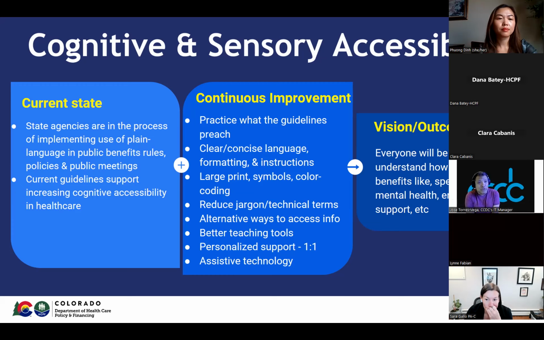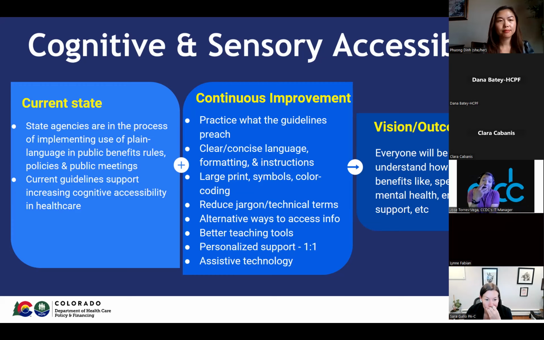Better teaching tools, the same point, right? So be able to adapt to different abilities and disabilities so that everybody is able to learn what teachers are teaching, what the state is teaching, etc. Personalized support one-on-one. That's a big one. For some specific populations, they require and prefer one-on-one help rather than sitting in a classroom and listening to the teacher.